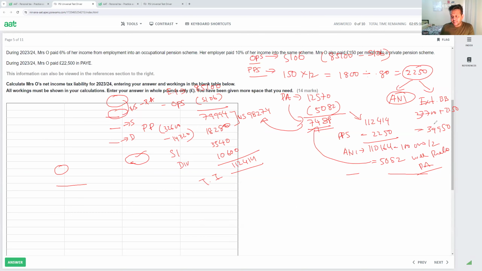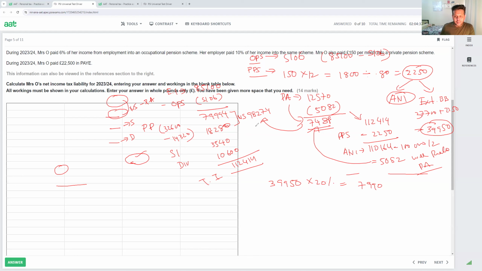Let's start with our first thing. Remember the basic band we have now, 39,950. 39,950 multiply 20%, because basic band is 20%. That gives me 7,990. Then we need to see how much we have remaining from the non-saving.